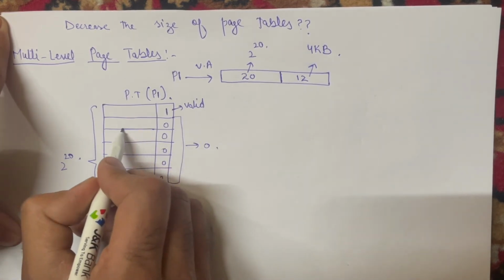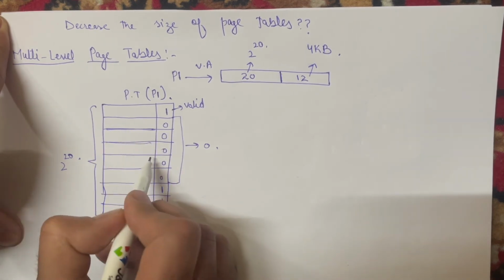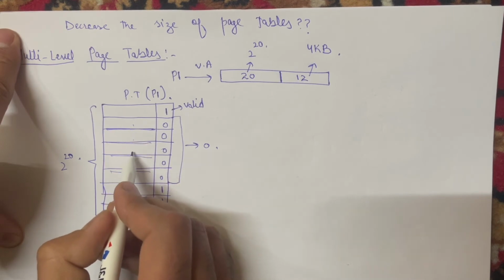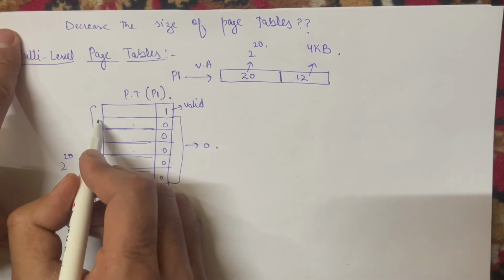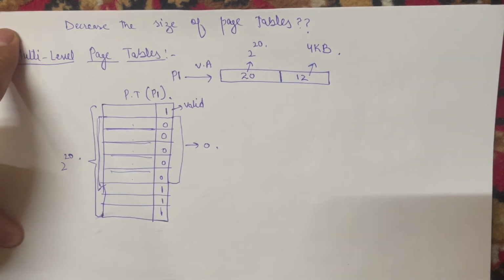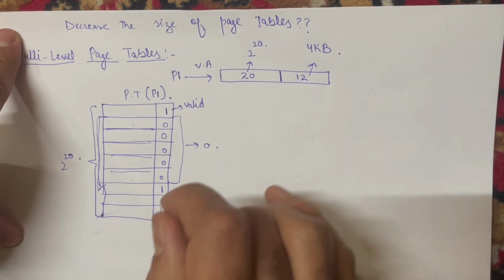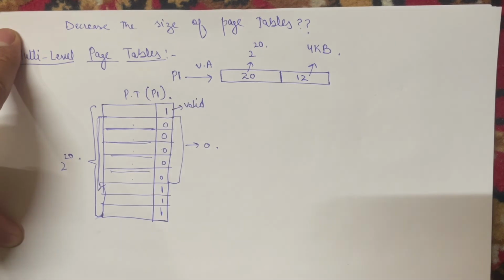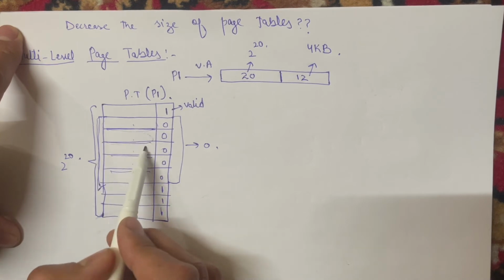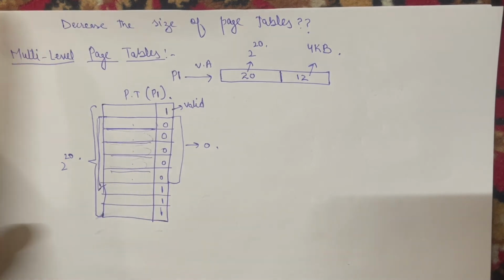Zero means they do not hold any useful information, but still they are occupying this space. We can easily get rid of these entries which are of no use.